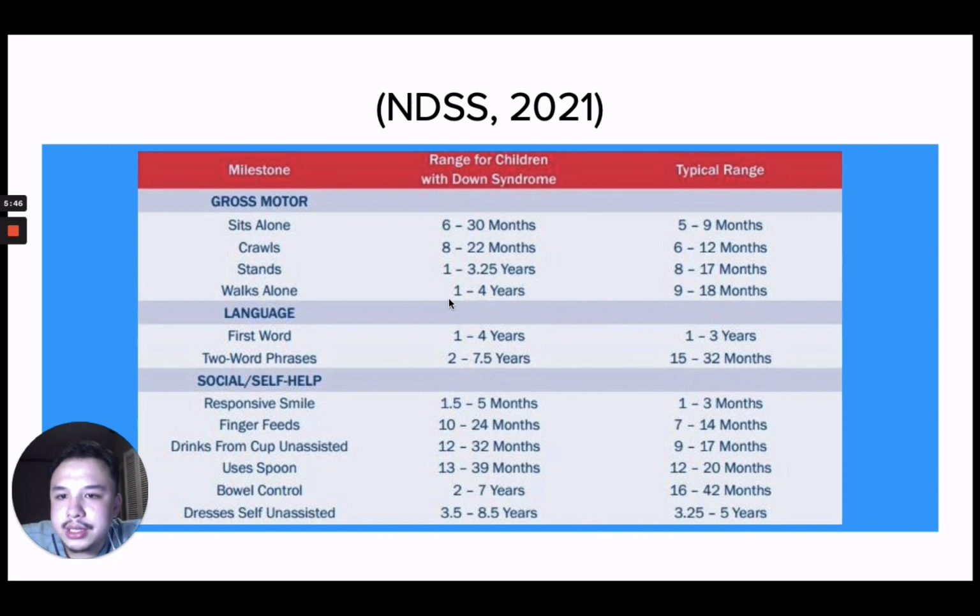Now, if you see their gross motor skills are quite different, they develop rather slowly compared to typical age ranges, and also their language. What is most evident here, especially for Down syndrome, would be slow developments within their gross motor skills.